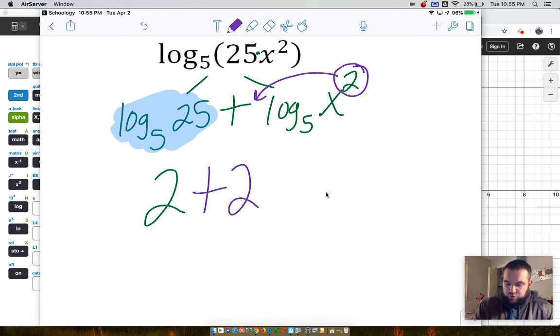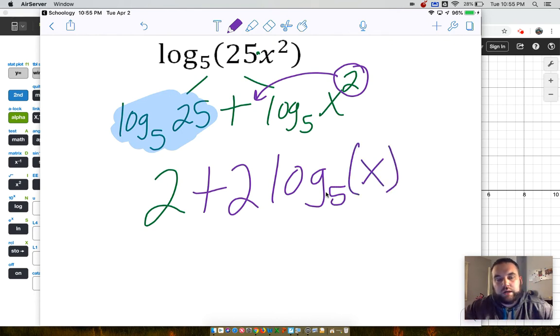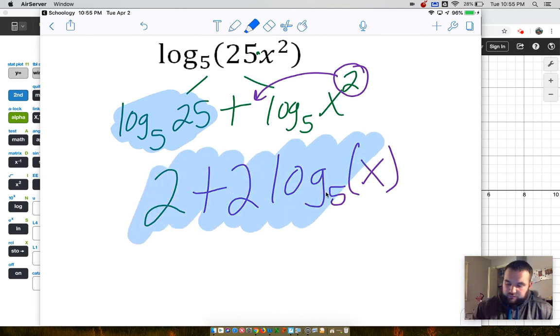So I would have 2 plus 2 log base 5 then of just x, okay? I can't combine those together because one's just the number 2 and one is 2 times the logarithm. So this is my final simplified answer here.